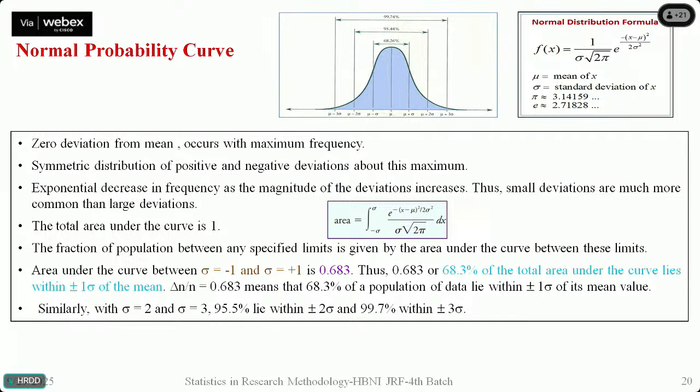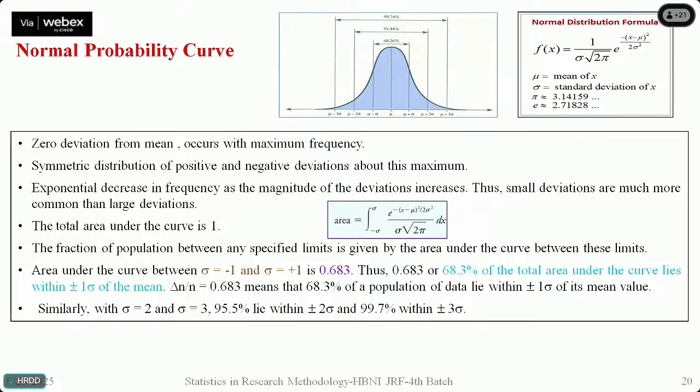So small deviations are much more common than larger deviations. And the fourth bullet point says that the total area under the curve, area is obtained by taking the integral of that function. You will see that total area is 1.